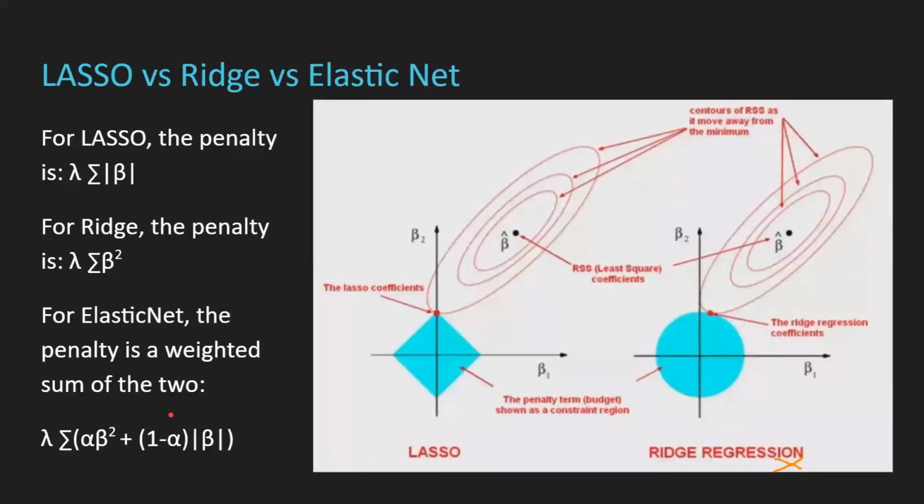If you look at the geometry of lasso compared to ridge regression, and again, elastic net is just the weighted combination of both, then you see that the lasso is not as smooth. What we see are contours, combinations of beta 1 and beta 2 that have the same penalty. If we move on this circle here, then we have the same penalty associated with those combinations of beta 2 and beta 1.